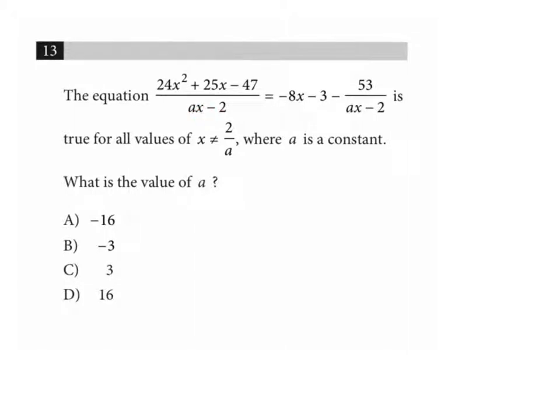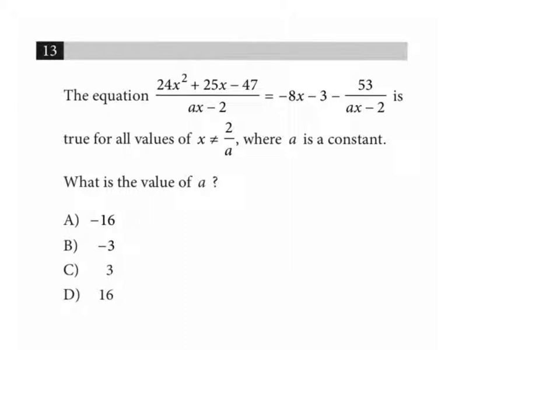One thing you do want to do, though, is obviously figure out what a is. I'm hesitant, again, to plug in like -16 and all that, because it's unavoidably time-consuming. There's a couple ways you could go about this.